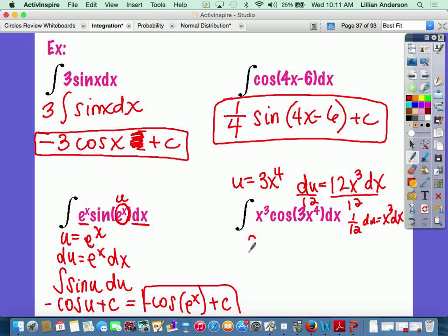So when I substitute, this becomes cosine of u, and then I have a 1/12 du that's going to replace x cubed dx. I can take out the 1/12.